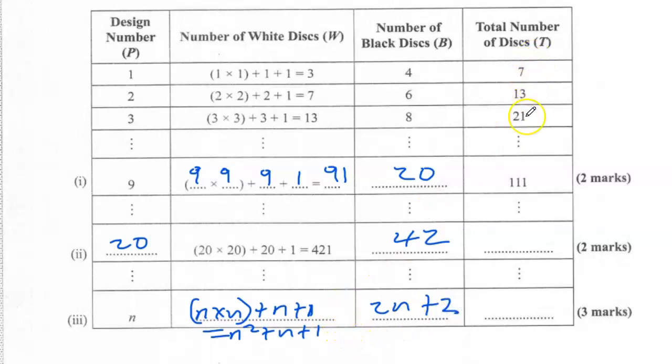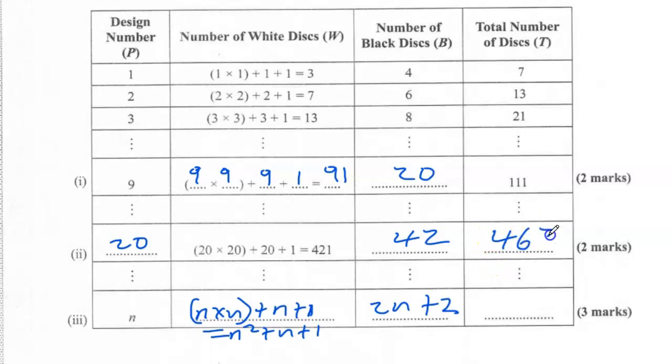Now for the final column, it's a bit tricky, or not, depending on how you view it. Notice the final column is a summation of the second and third columns. So 3 and 4 add to give 7, 7 and 6 add to give 13, 13 and 8 add to give 21, 91 and 20 add to give 111. 421 plus 42 adds to give 463.